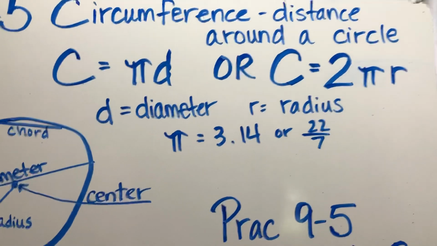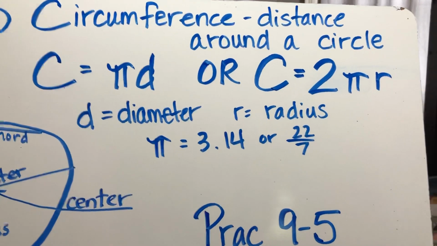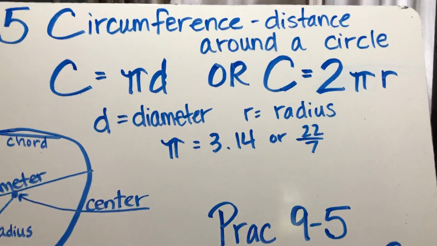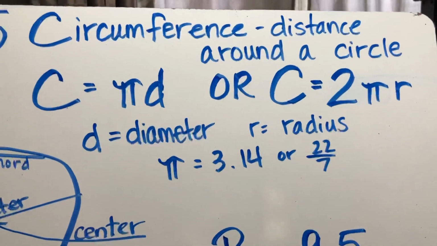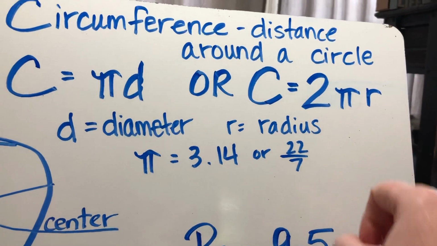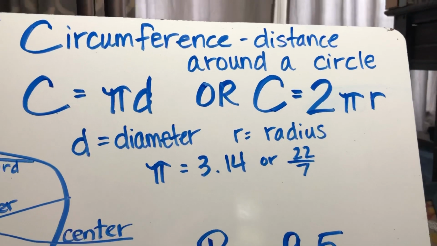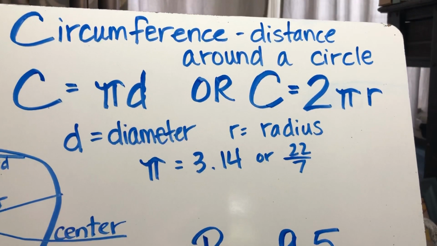So if a circle has a radius of 18 feet, I have to, and I'm going to get my finger out, if they give me the r, I have to do the r one, okay? So I'm going to take 2 pi r, 2 times pi times r.